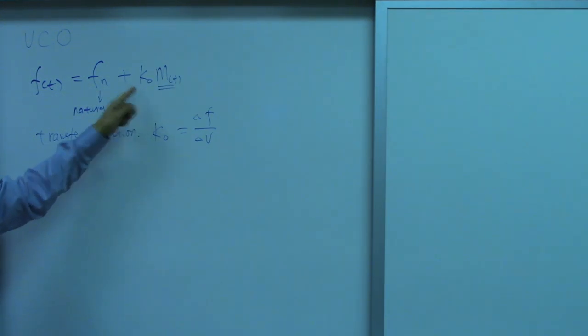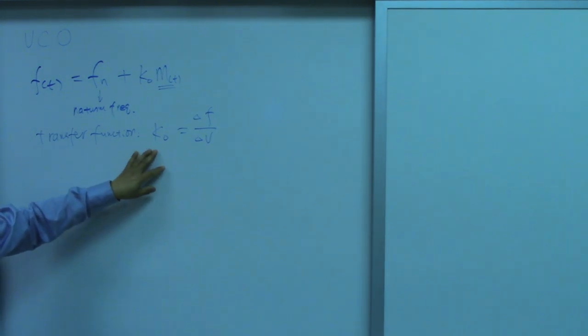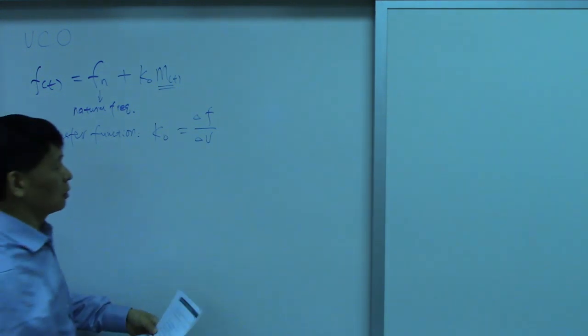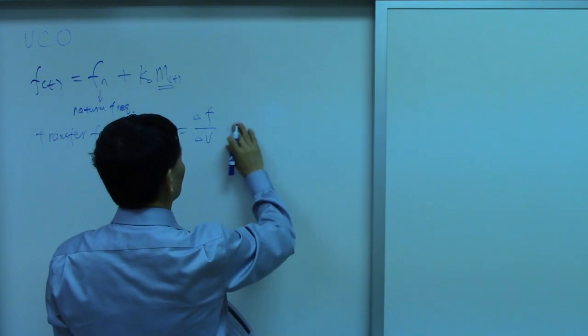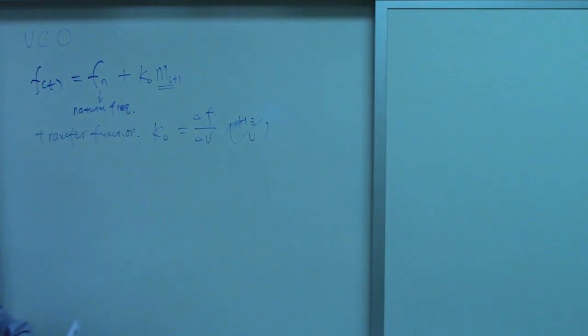So this is called the transfer function. We can see the unit of the transfer function: here is hertz, here is volt. So the unit is hertz per volt. So that is the first one.